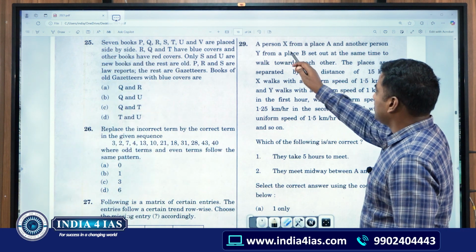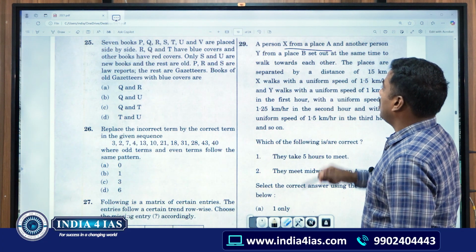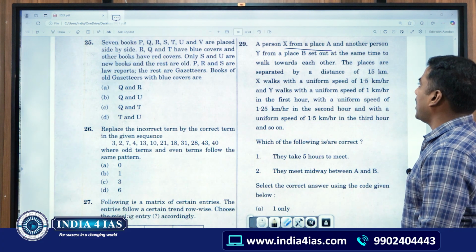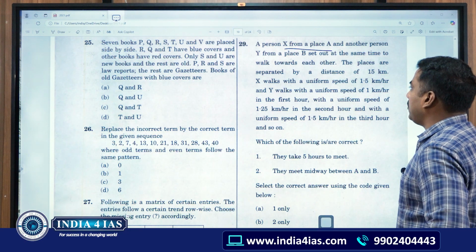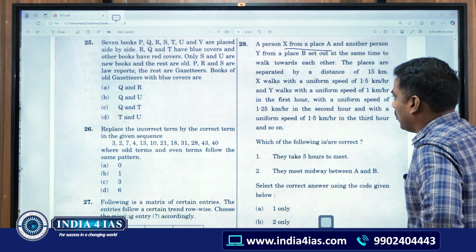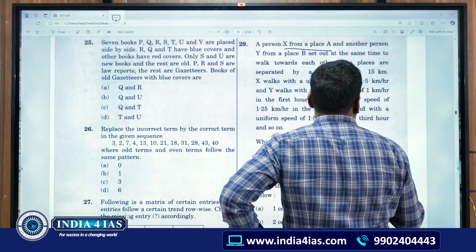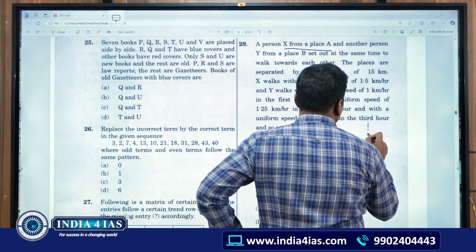Here, a person X from place A and another person Y from place B set out at the same time to walk towards each other. The places are separated by a distance of 15 kilometers. So the total distance between them is 15 kilometers, let's say.